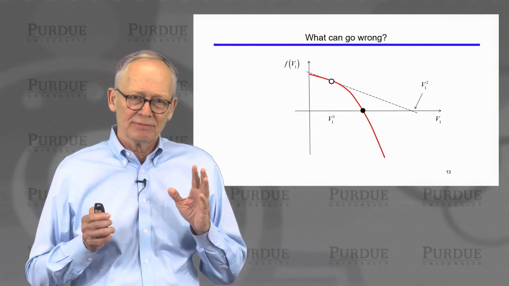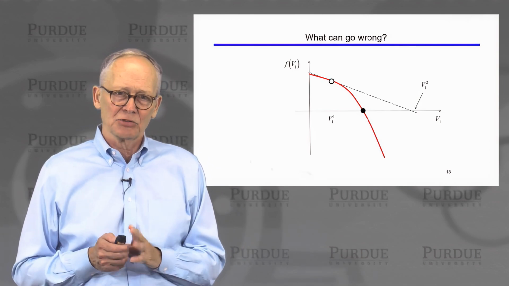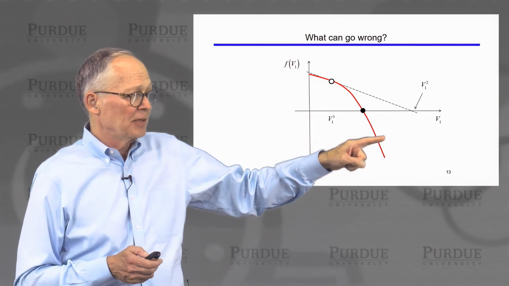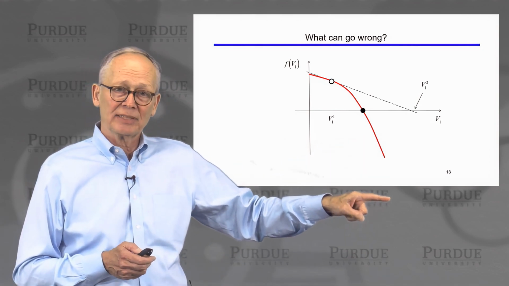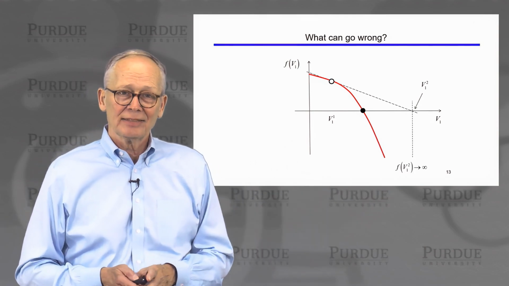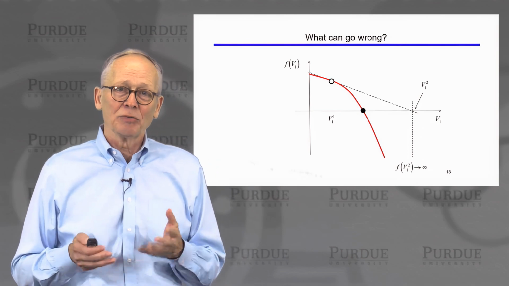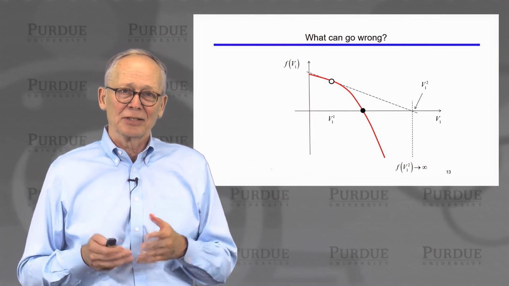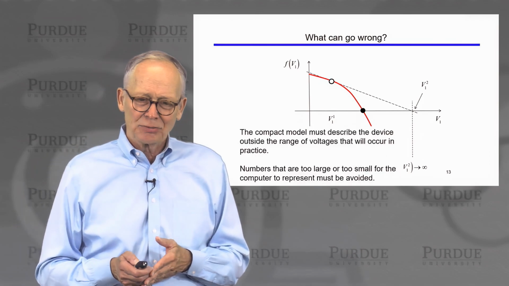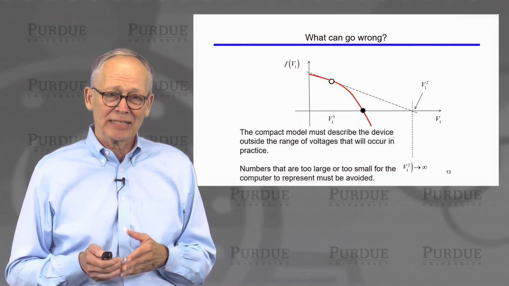I have a voltage that is very large, way too large. Now, when I evaluate this function, it is increasing exponentially because the diode characteristic is exponential. There is a good chance that this might overflow the word in the computer, and the computer might crash and stop. I won't be able to find my solution. So these are things that we have to be careful about.